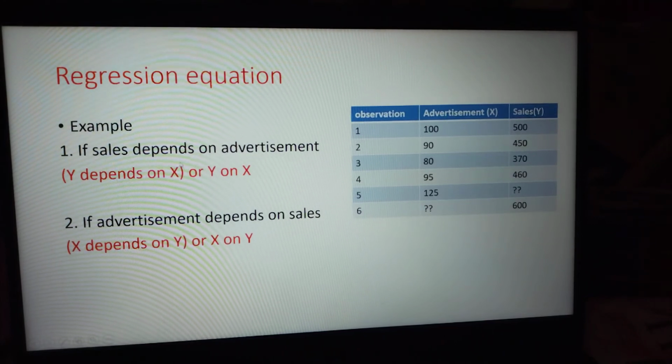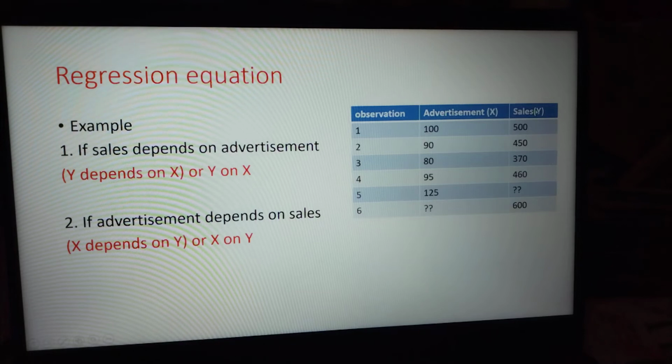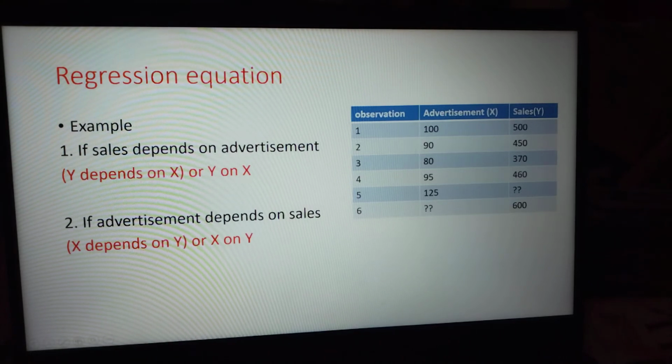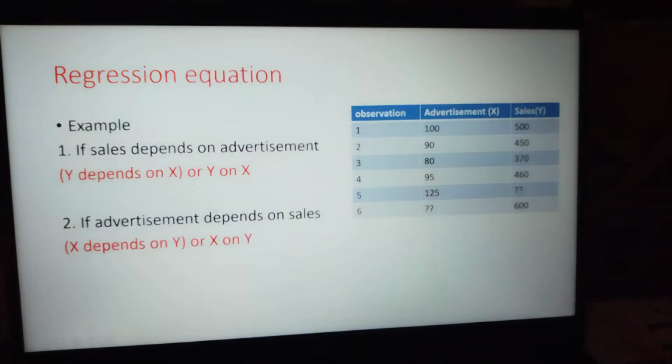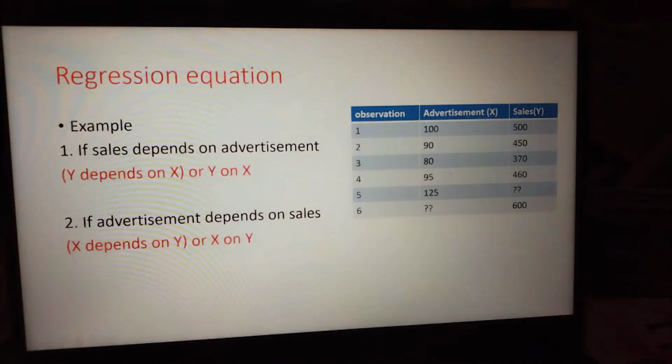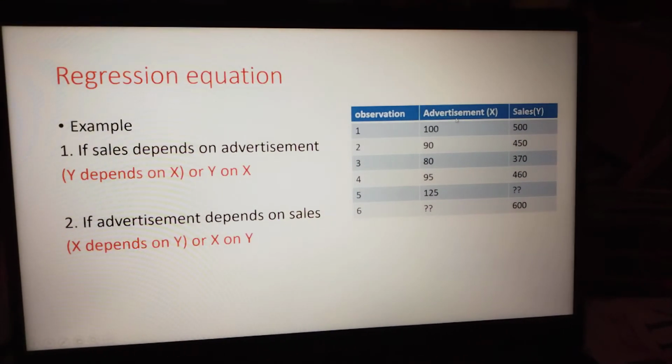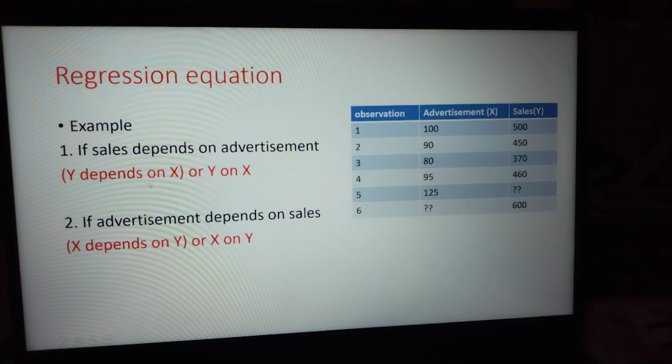If sales depends on advertisement, then sales is the dependent variable because it is going to depend on advertisement, so advertisement here is the independent variable. In that case we have to find the regression equation in the form of y depends on x.